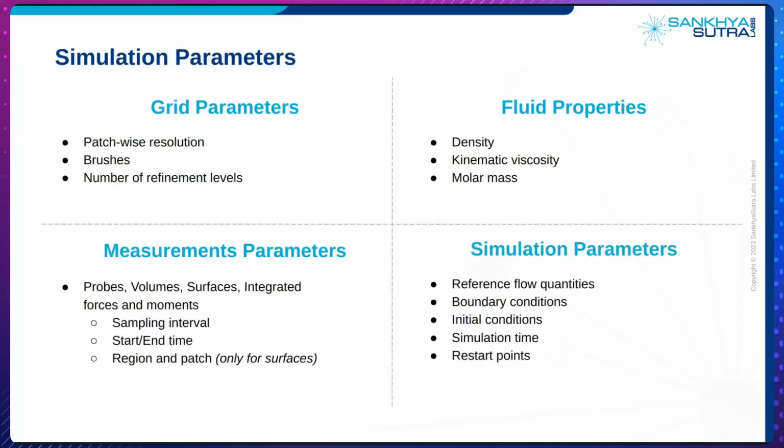And then you set the time for which you want your simulation to run in the simulation space, in seconds. We also have a feature where you can save instances of your simulation at user specified instances of time, and you can restart from those instances at a later point, even if your simulation gets killed, or if your wall time exceeds the specified wall time for the simulation.